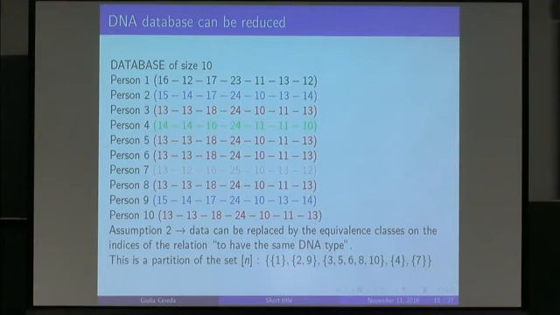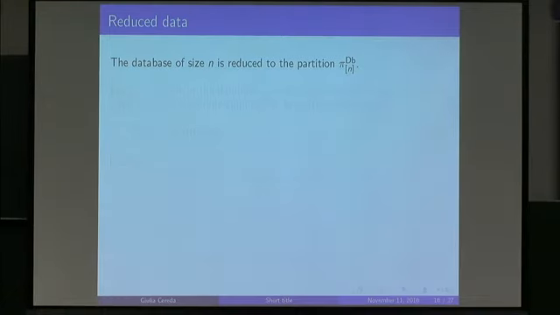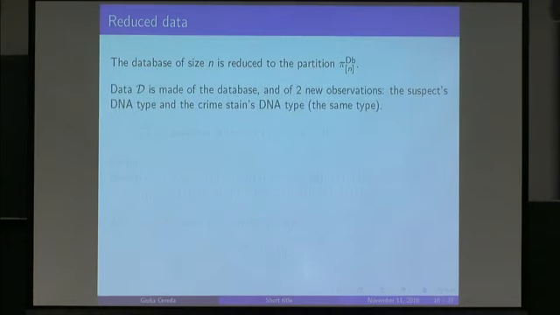Of course, we also need the evidence, and the evidence is 2 new observations. So we have the background data, and then we have the profile of the suspect and the profile of the crime stain. So the database of size n is reduced to a partition of the integers from 1 to n. The data is made of the database and 2 new observations, so my entire data can be reduced to a partition of the set from 1 to n plus 2.